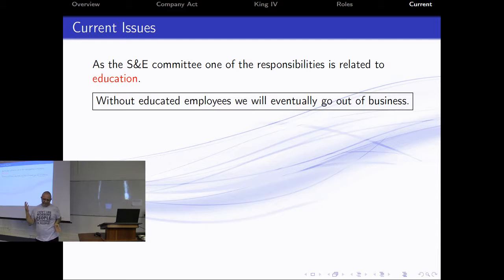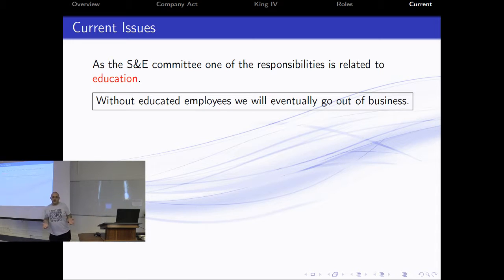This is one of the government's strategic objectives. But having a knowledge-based economy means that you need knowledge-based employees. And without that, we're going to be in trouble. And if we don't have that, we're out of business. So we have to be proactive and address this head on in some way.